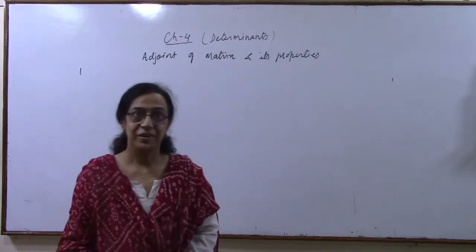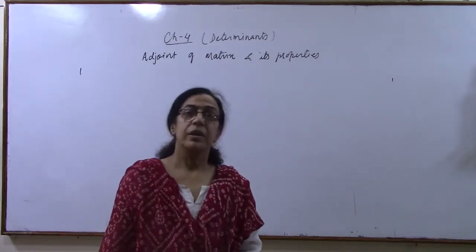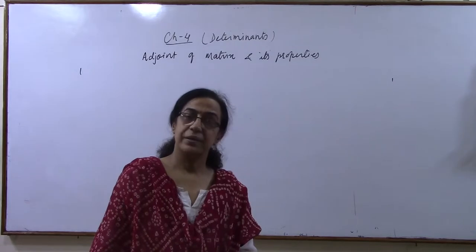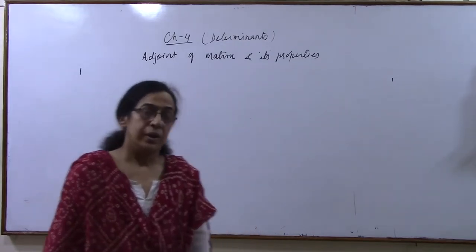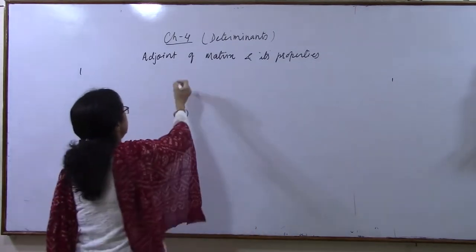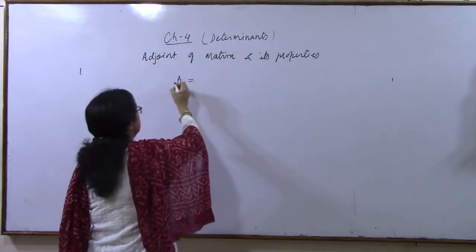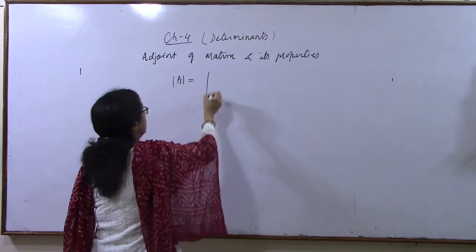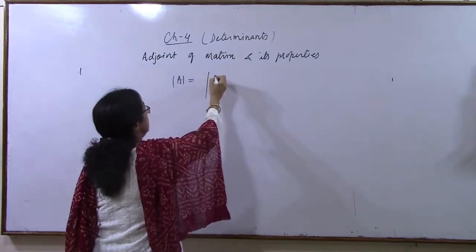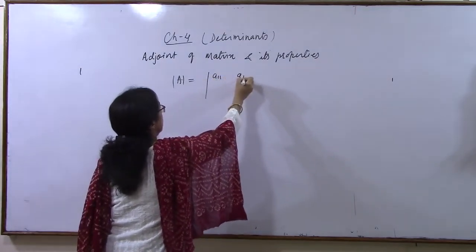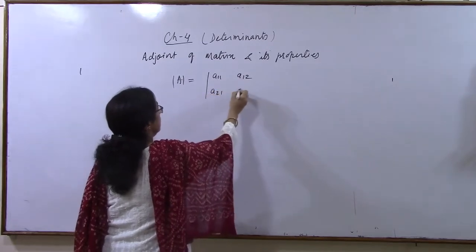Hello everyone. Today we will discuss the adjoint of a matrix and its properties. In the previous class we discussed cofactors of a matrix. Suppose determinant A equals |A11 A12; A21 A22|.